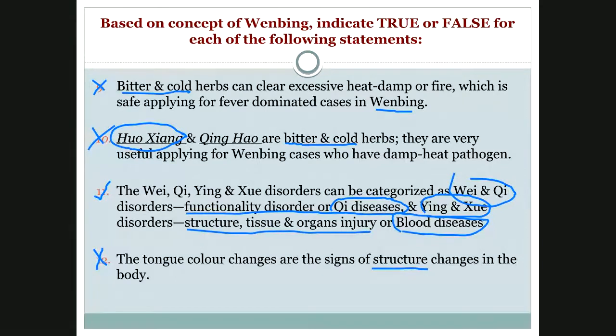Likewise, is the coating thin yellow, thick yellow, greasy yellow, or dry yellow? This helps us understand more precisely the possible pathogen, pathogenesis and severity of the condition clinically. Now, any questions for this slide? Basically only one is correct, all the rest are incorrect.